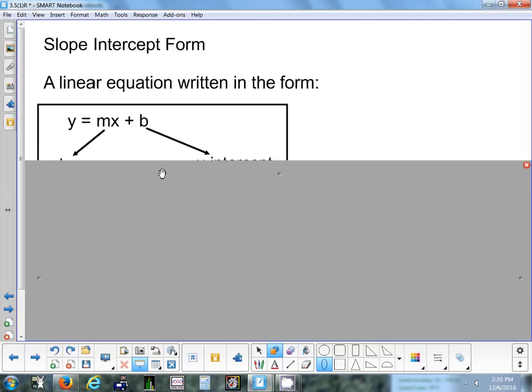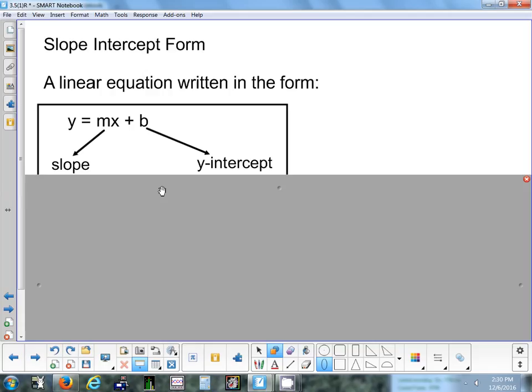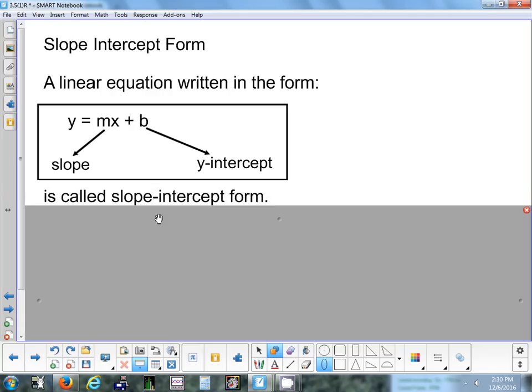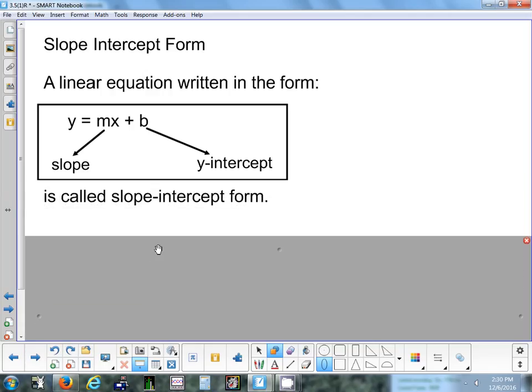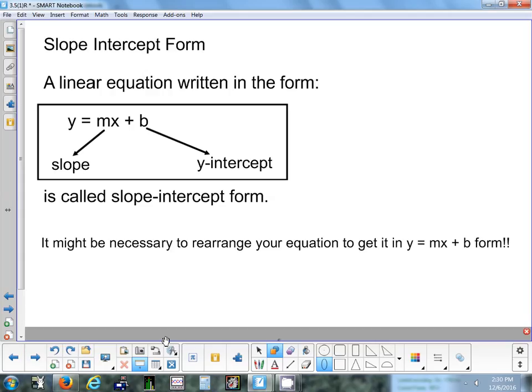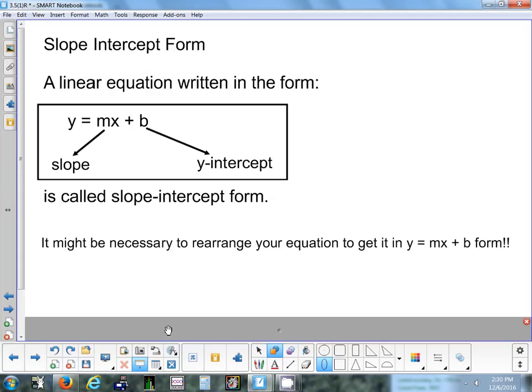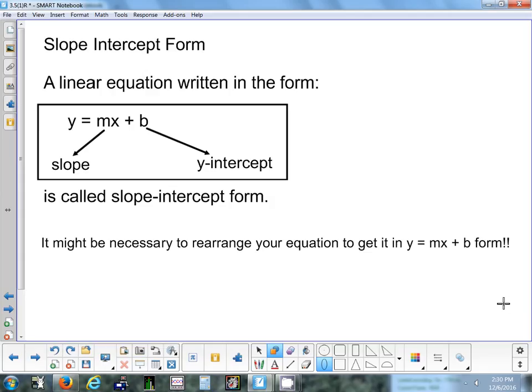So m is your slope, and b is your y-intercept. The number with x is always the slope, and the number that's just a number, with no variable attached, is going to be your y-intercept.